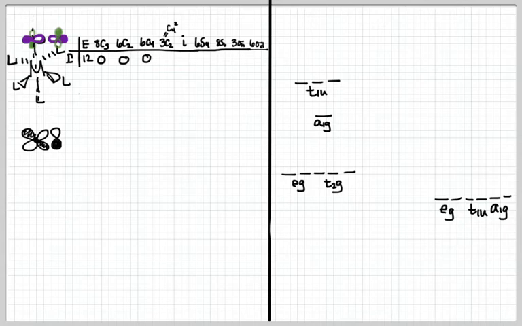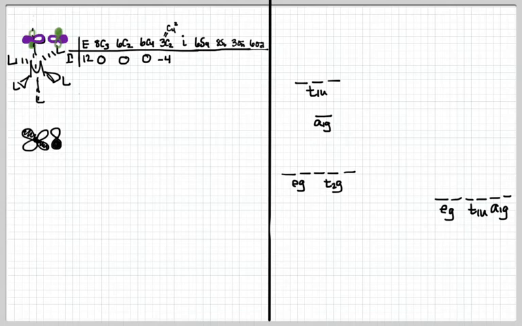The metal's underneath this picture here. So when we do that, we'll see that both of our orbitals on this top ligand and the bottom ligand are now pointed in the opposite direction. So that's going to give us a -4. There are 4 orbitals that are all pointed the opposite way.